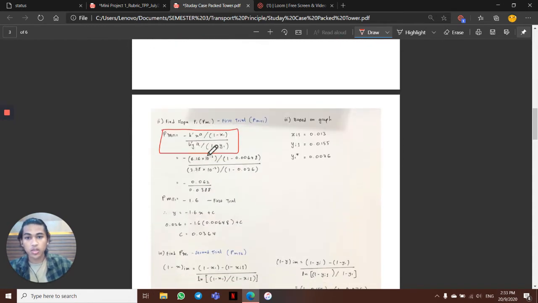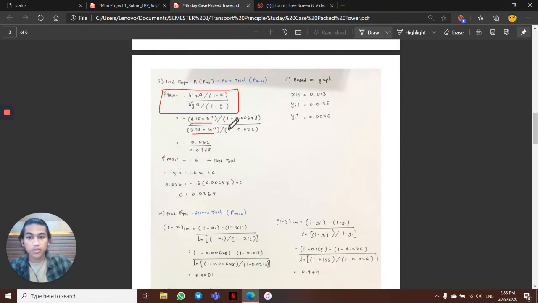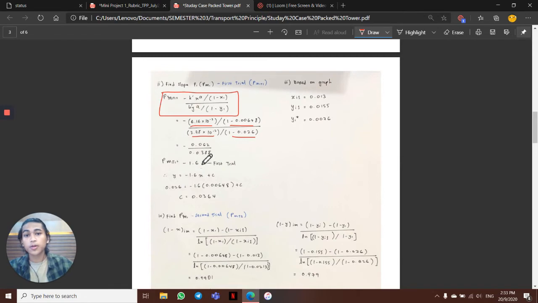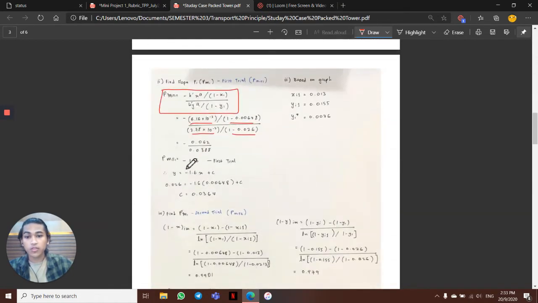So we just insert the values that have been given, and you will get the final answer for the gradient of the slope touching the operating line and equilibrium line, which is negative 1.6 for the first trial.